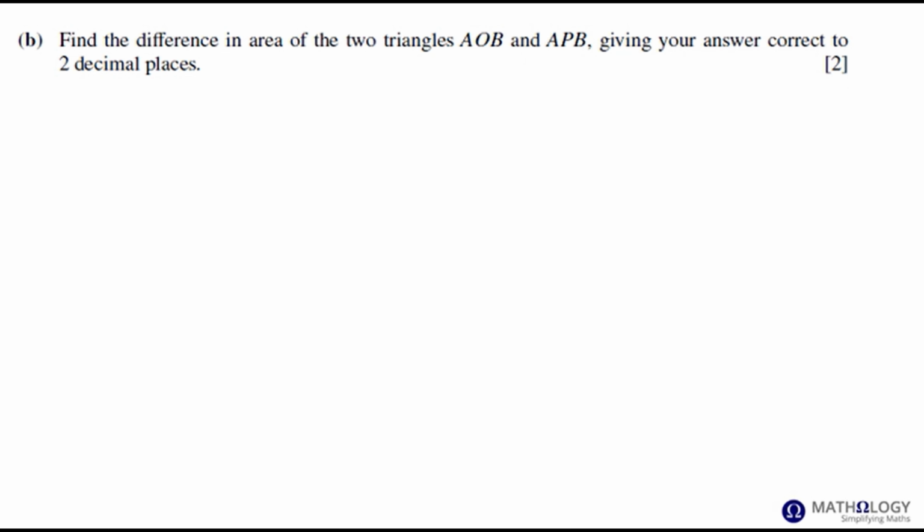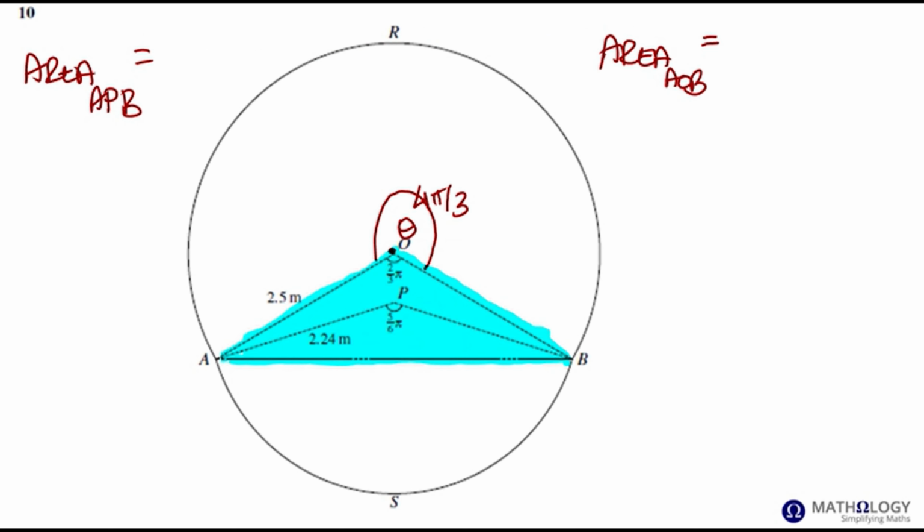Find the difference in area of the two triangles AOB and APB, giving your answer correct to 2 decimal places. So starting with triangle AOB, the area of the triangle, we can use the sine rule here. Okay, let's first just mark off what we know. AO and OB are radii. So OA equals OB equals 2.5 meters.